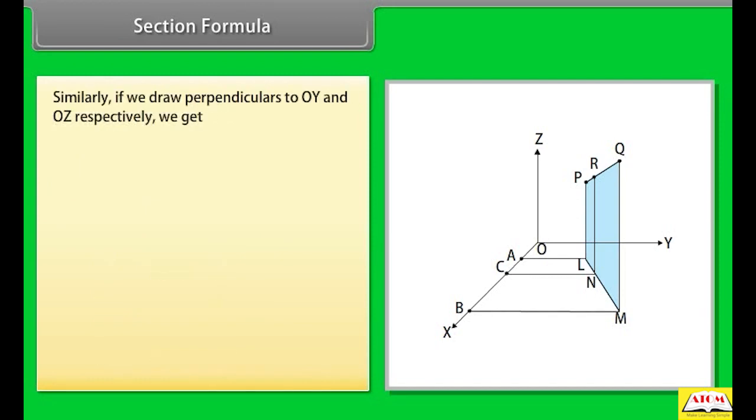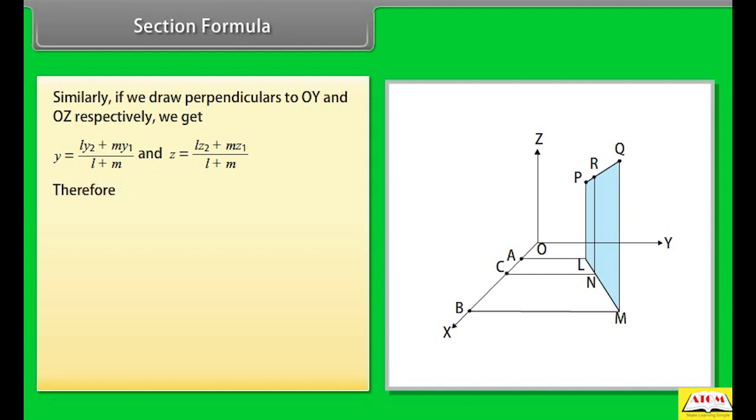Similarly, if we draw perpendiculars to OY and OZ respectively, we get y is equal to (ly2 plus my1) divided by (l plus m) and z is equal to (lz2 plus mz1) divided by (l plus m).